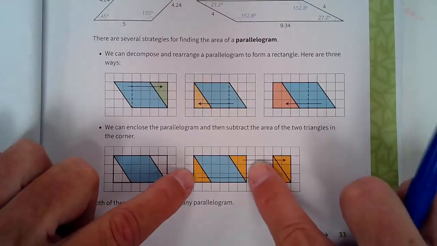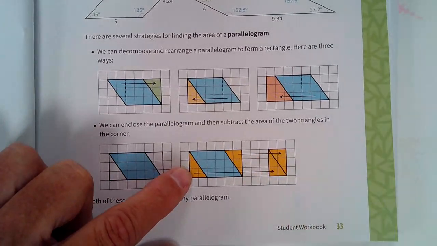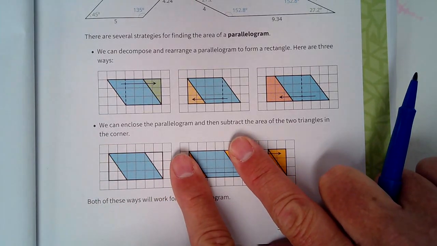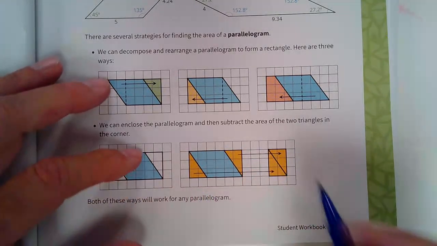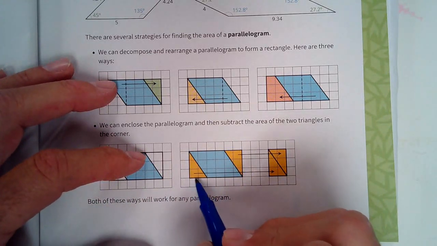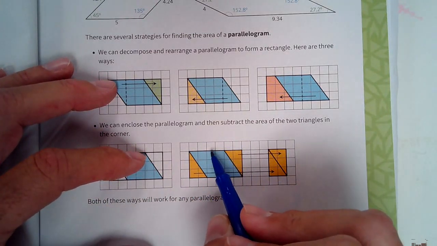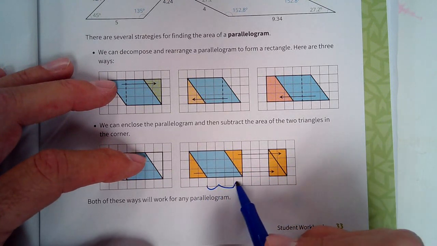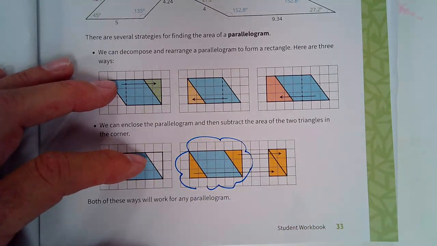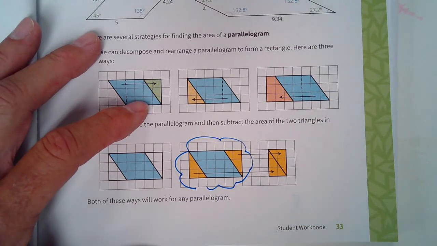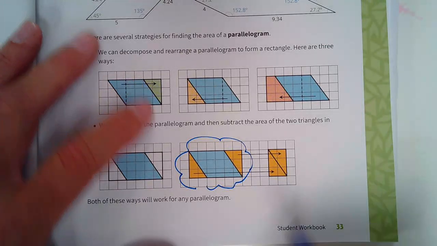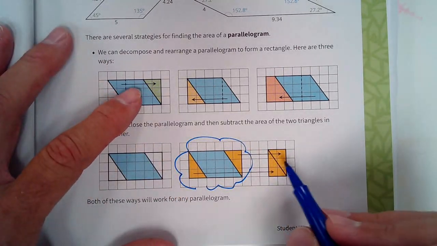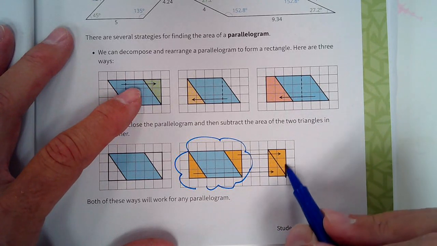Now look at this one here. This is a good example. I like this one. So here you had a blue parallelogram, and what somebody did is they squared it off. And then they figured out the area of this rectangle. Now, the next thing they did is they took those two end pieces and put them together, and you can see it right here.